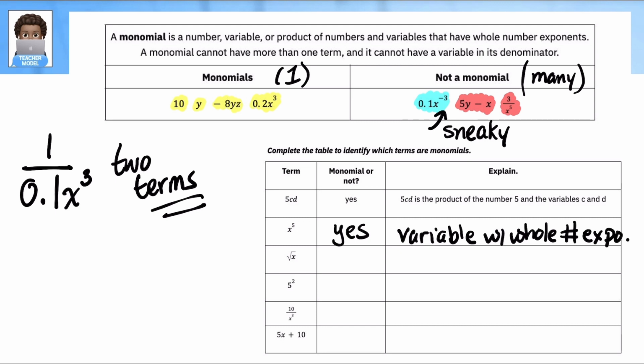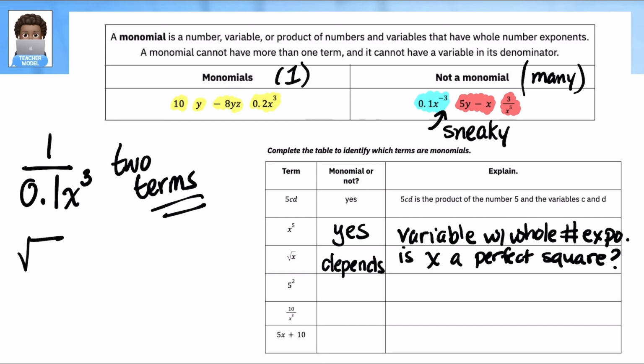Now, the second one, square root of x, honestly, depends on what. Is x a perfect square? So if it is a perfect square, like let's say x was equal to 4, then yes, because I can simplify that and it would be a monomial.